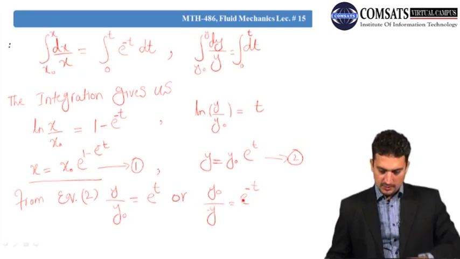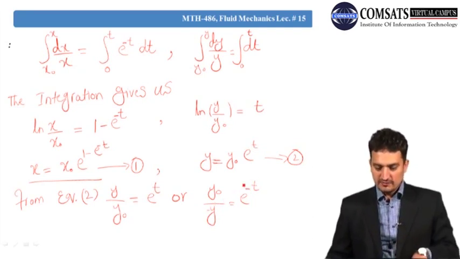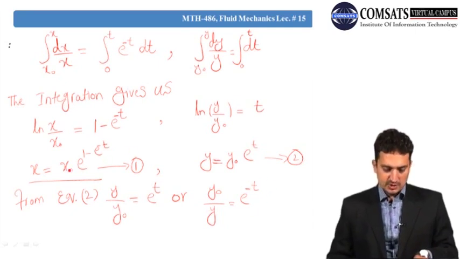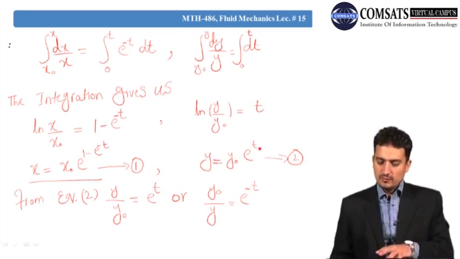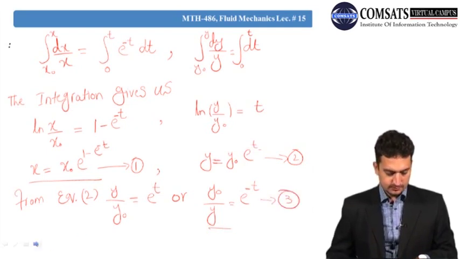और अब आप देखें हमने इसको इन्वर्ट क्यों किया. This is interesting. We have to substitute e to the power minus t into this equation 1. So from equation 2 we obtained e to the power minus t. Here it is, and you name it as equation 3.